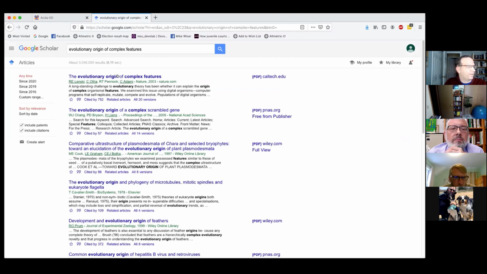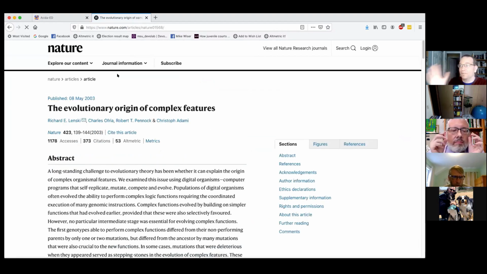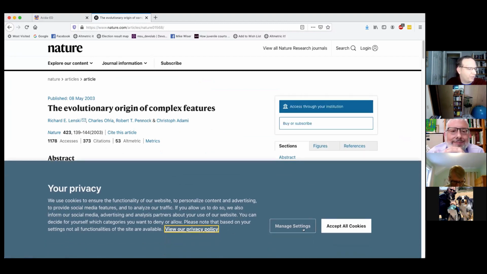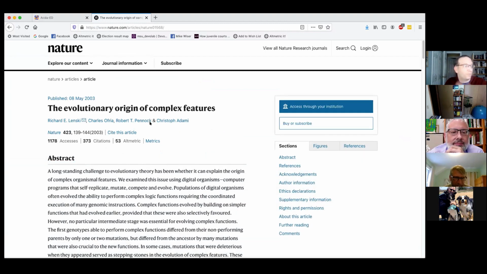So that's this paper from Rich and Charles and several other people who you've probably heard of, including Rob. It's a Nature paper from 2003. One of the things they show in this paper is if you use the research version of Avida, and you can do this with the educational version, it's just going to take longer because it's a graphical user interface and it's not optimized to run on a high performance computing cluster.